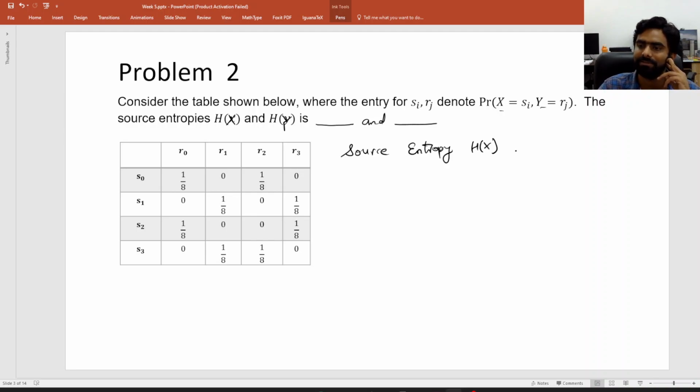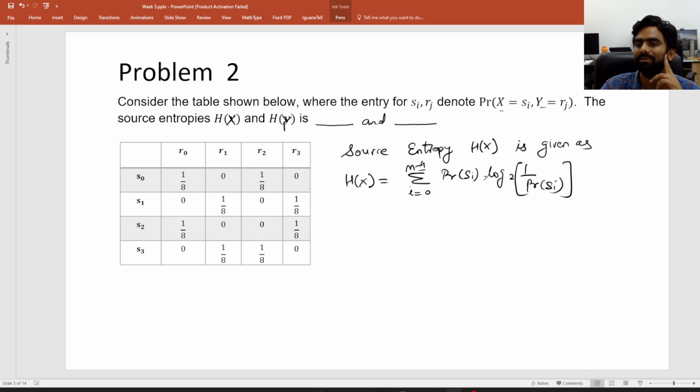So the source entropy H of X is given as H(X) equals sigma i equal to 0 to n minus 1 of probability of Si times log base 2 of 1 over probability X equal to Si.